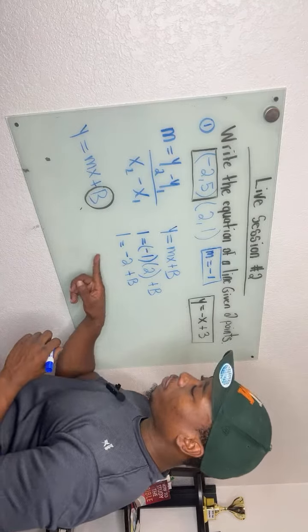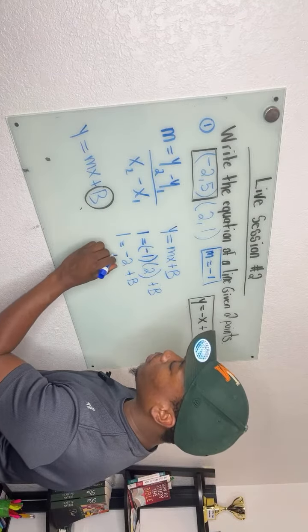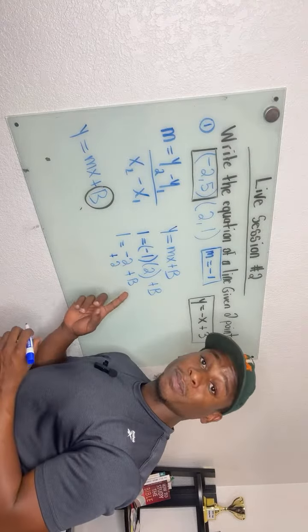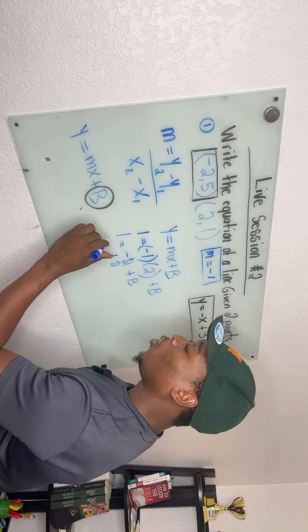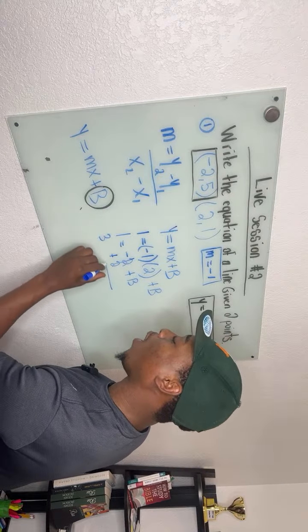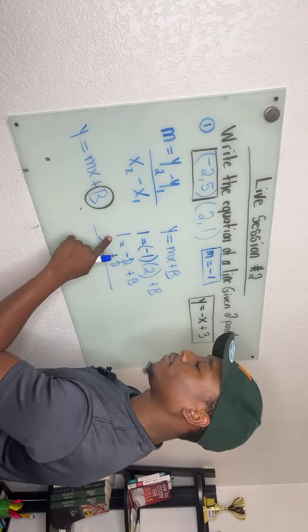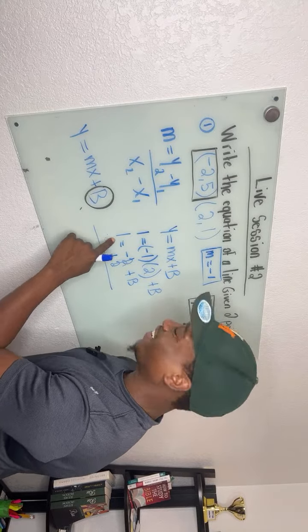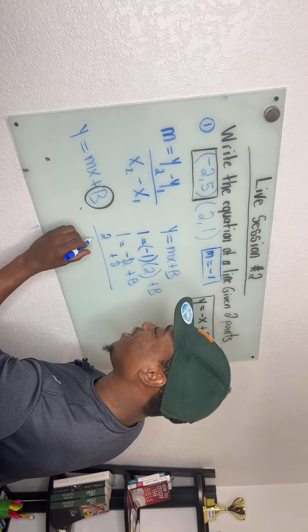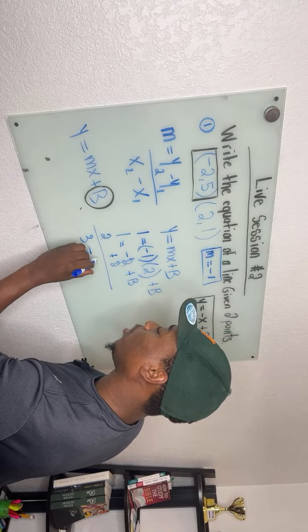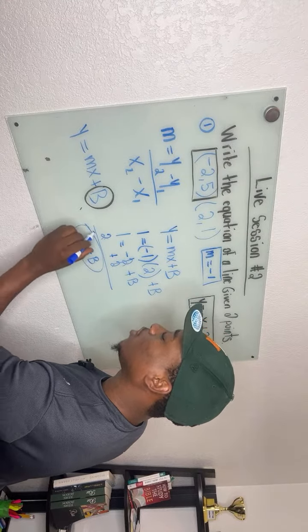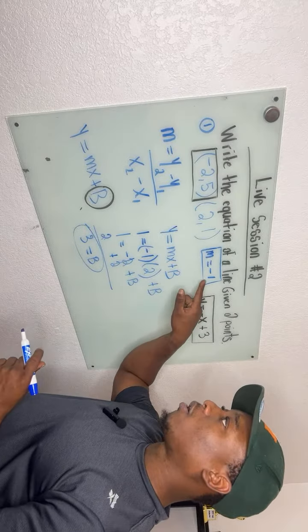As we solve for b, by moving 2 over to the other side, we're going to get the same y-intercept. Wrong number, guys, I'm sorry. We're going to get the same y-intercept of 3. We already solved for the slope.